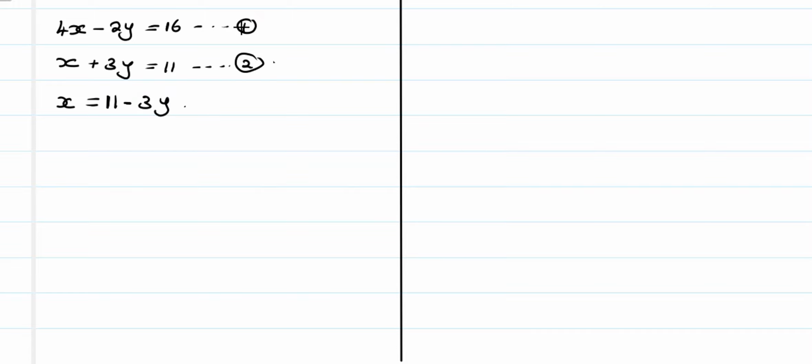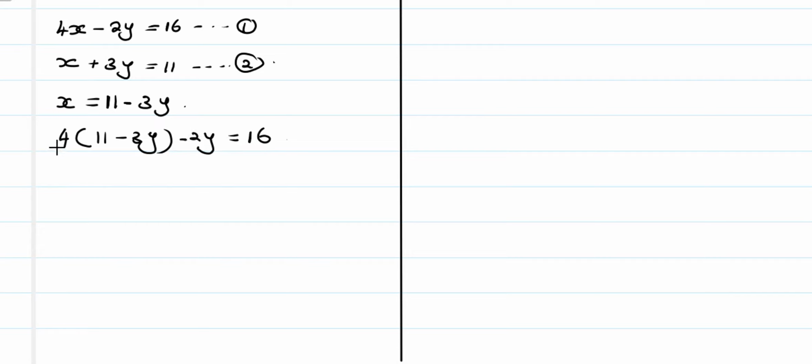So we go then to the first equation, and every place we have x, we replace it with 11 minus 3y, the one we got from the second equation. Starting in the first equation, I have 4 multiplied by x, but we already know x is 11 minus 3y, then minus this 2y equals 16.